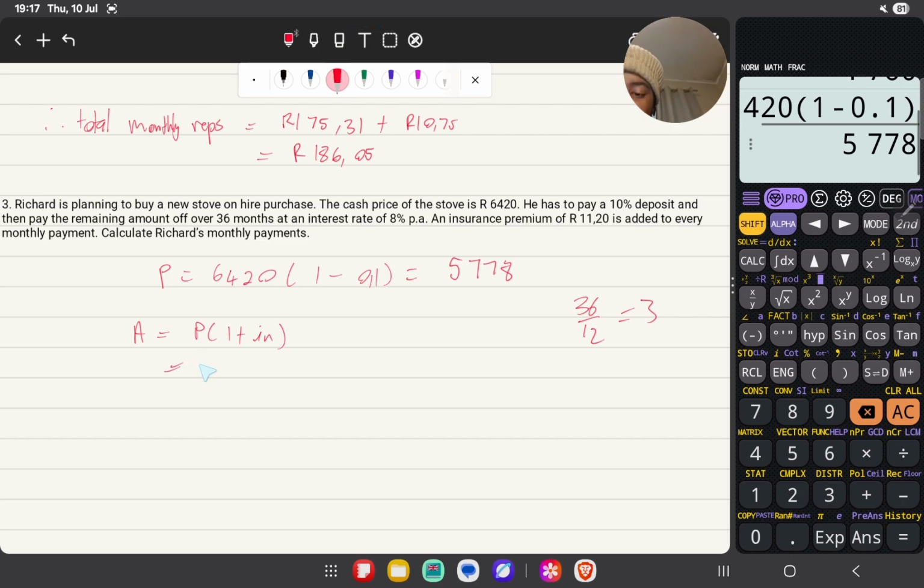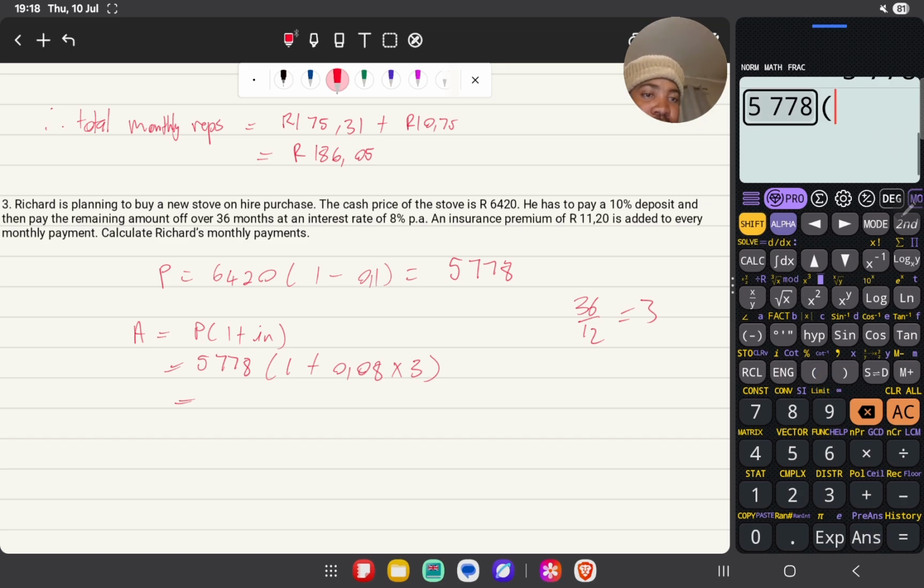So you take the principal amount times 1 plus 0.08 times 3, close bracket.